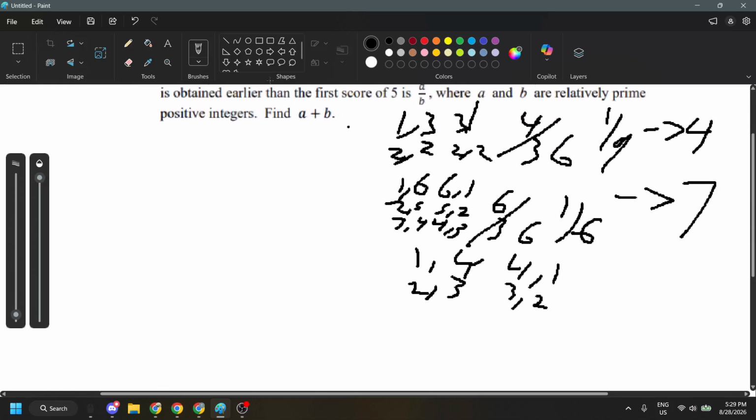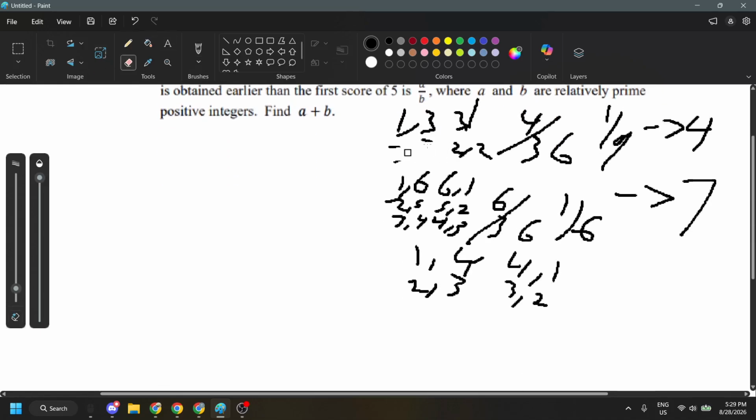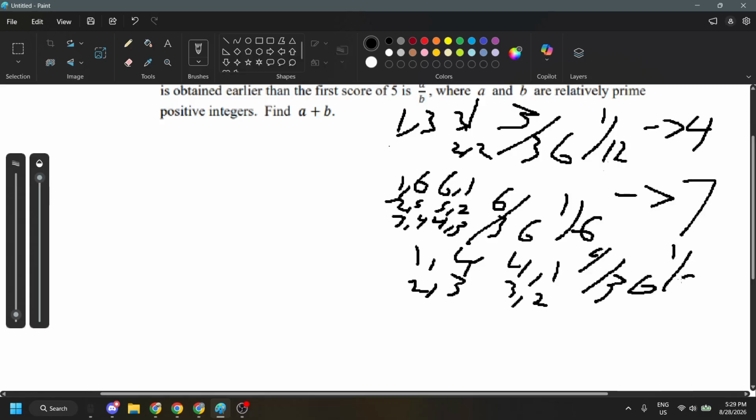Oh, you can't flip 2 and 2. So this is 3 of 36, or 1 of 12. This is 4 of 36, 1 of 9 goes to 5.